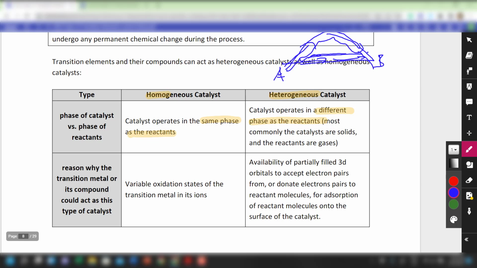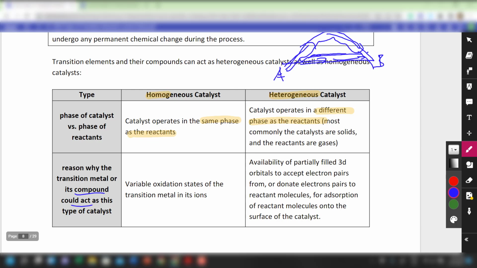The reason why a transition metal or its compound can act as a catalyst is that it is able to shuttle between the variable oxidation states of the transition elements. If it can shuttle between two oxidation states, it can then operate through two separate pathways to produce new compounds along the way.